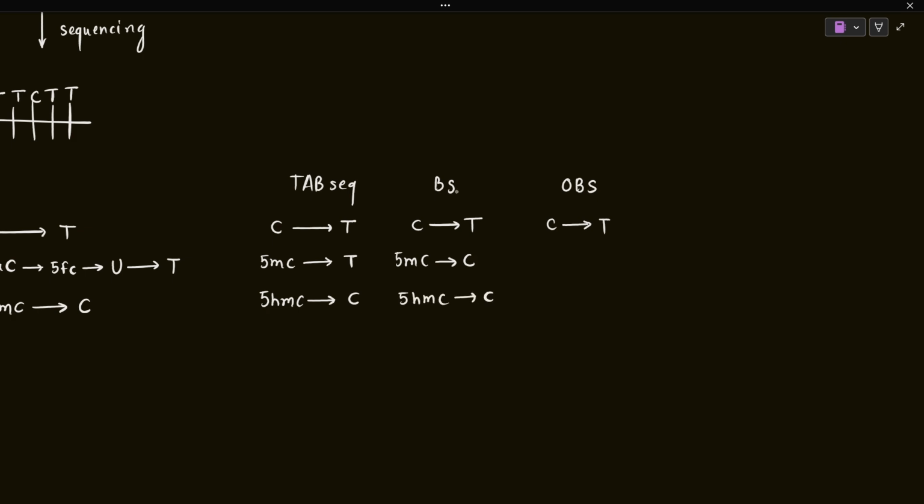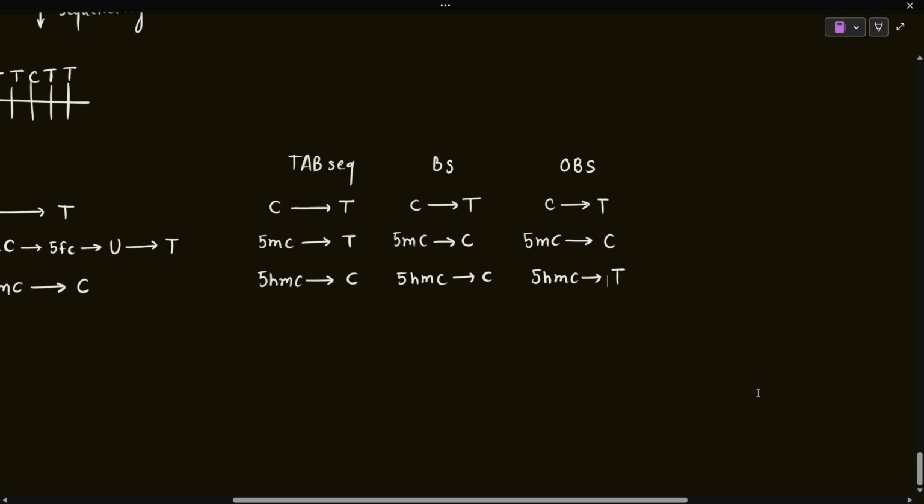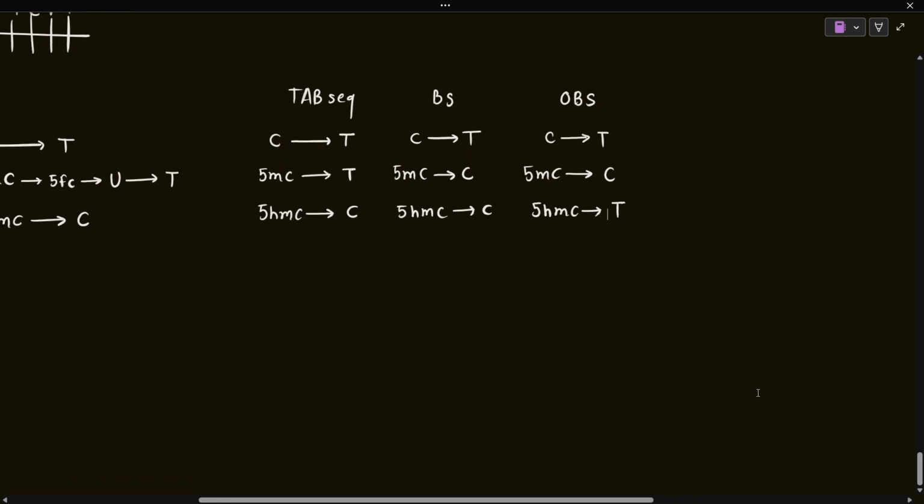But in oxidative bisulfite sequencing, 5-methyl cytosine is read as cytosine, but 5-hydroxymethyl cytosine gets converted into 5-formyl cytosine, and it gets deaminated, and that is why it is read as thymine. Okay, so this is the final summary of all of the different procedures.